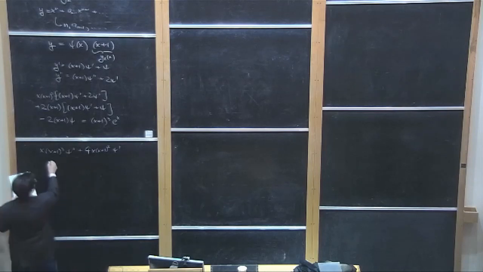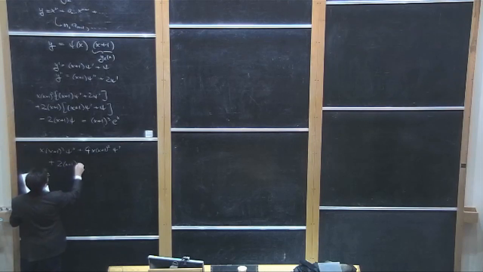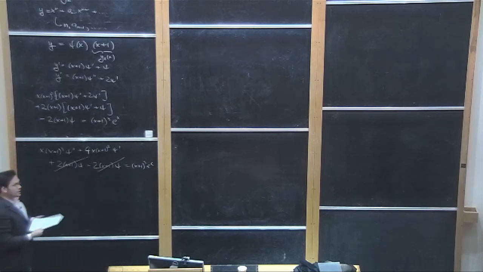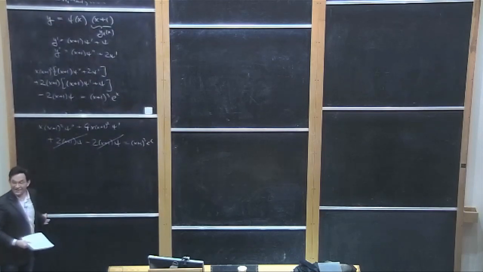And plus 2x plus 1 psi minus 2x plus 1 psi equals 2 x plus 1 cubed e to the x. And this cancels, and this is the moment when you know that you have done your algebra right.